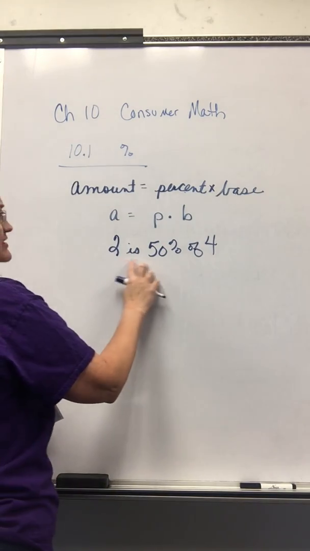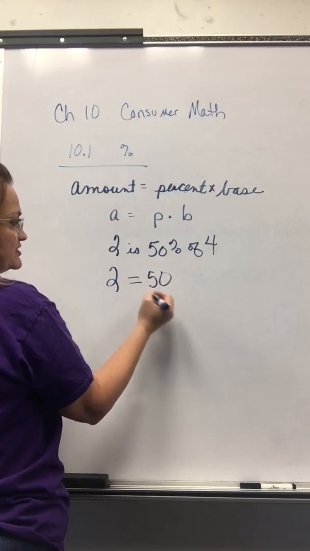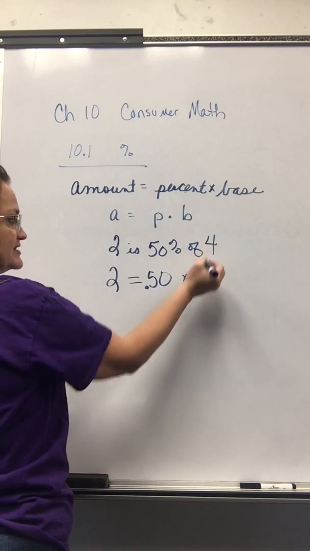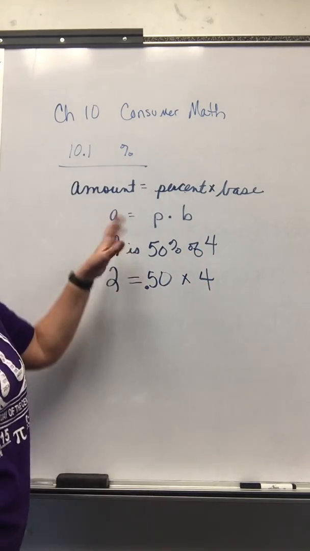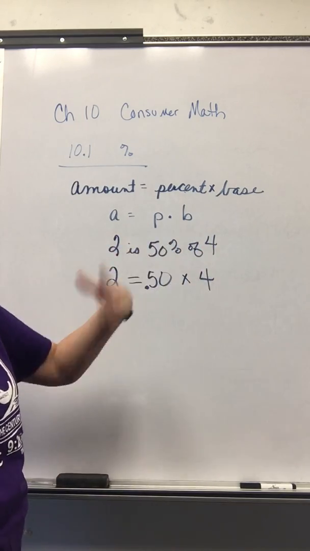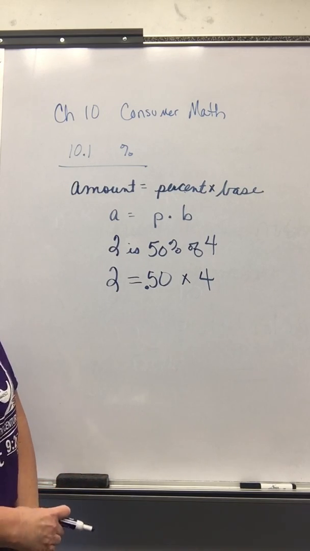I want you to notice that we could really write this as 2 equals 50%, which would be changed to 0.50 or 0.5, of would be the times sign, and 4. So a little helpful hint on these, if it's written real straightforward like this, not too many different wordings or arrangements, but very straightforward.